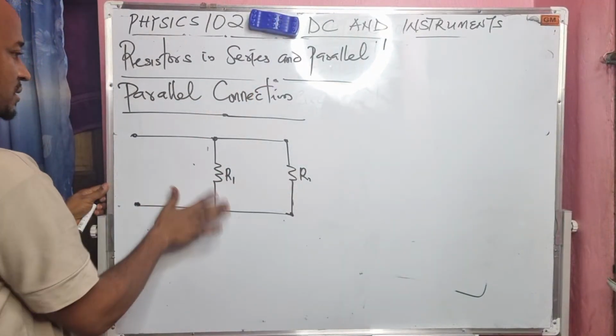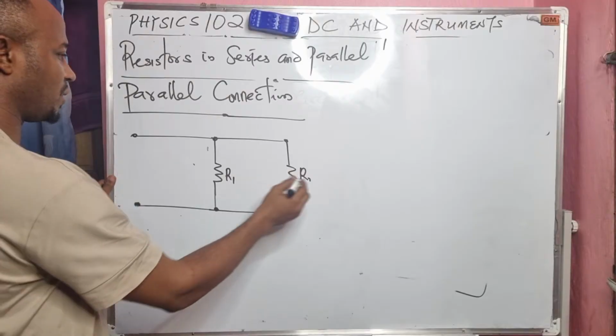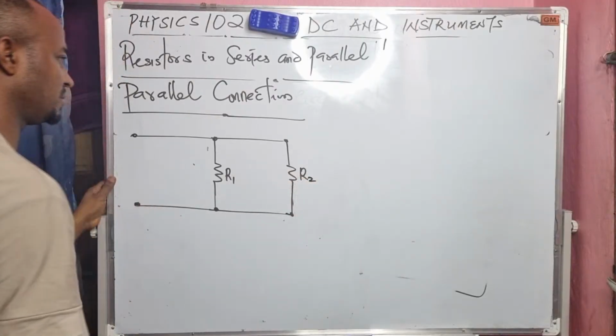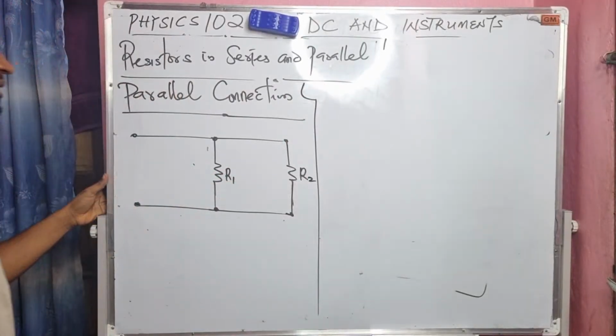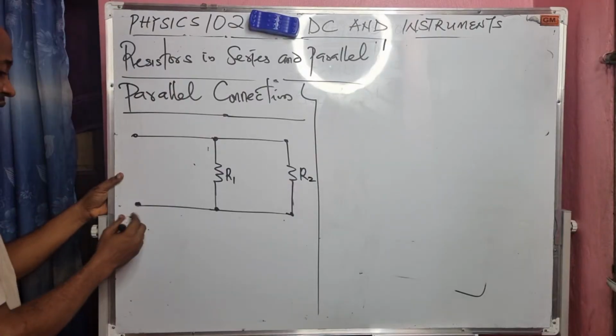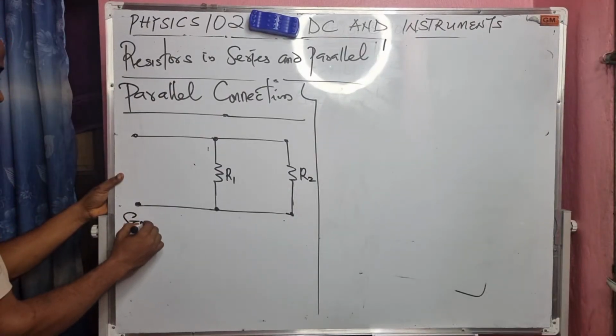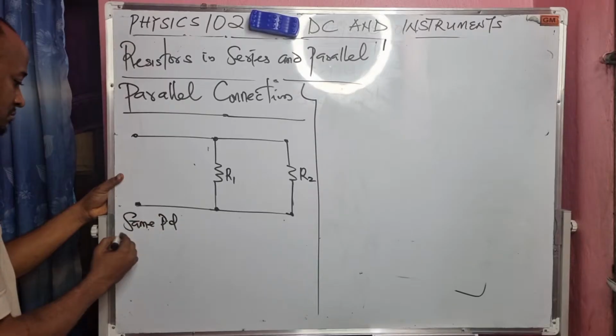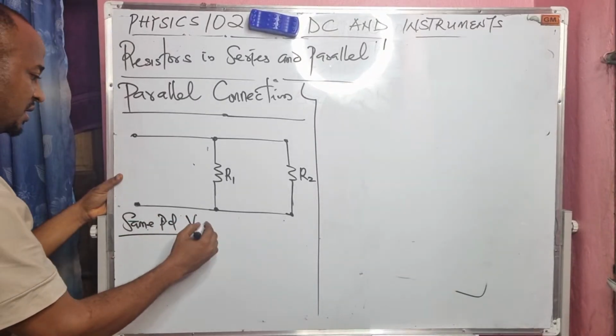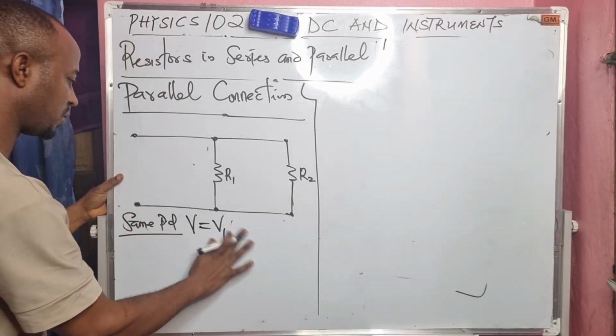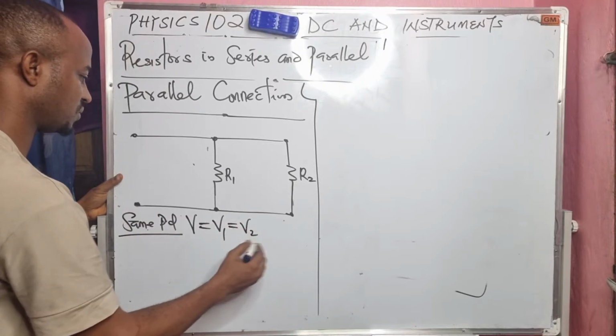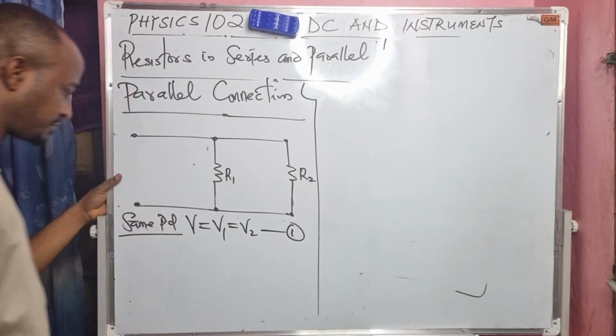For parallel connection, if I have R1 and here R2, already we say that we have the same PD, meaning V equals V1 equals V2. Let's call this equation 1.